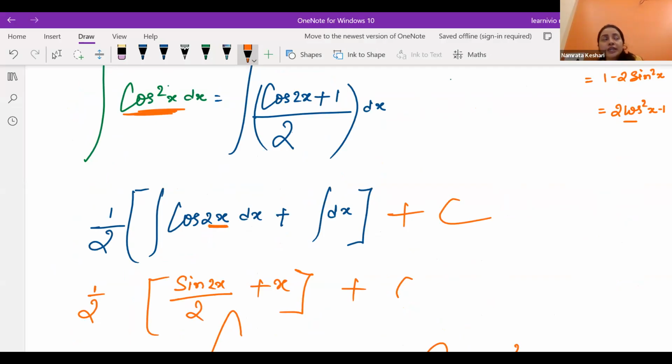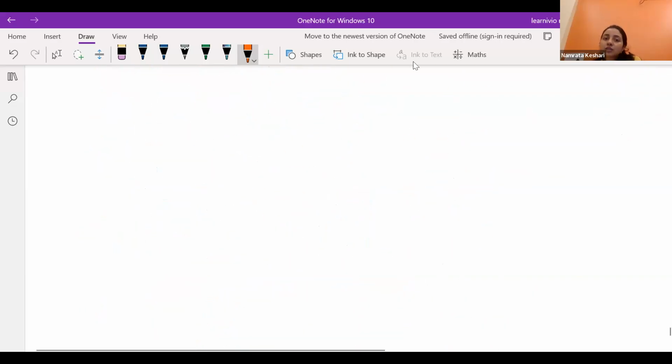It is not a new way of doing the integration, it is just the way you already know. That's why in the first class I said the new ways are the method of substitution and the partial fraction decomposition. Okay, let's do a few more questions.